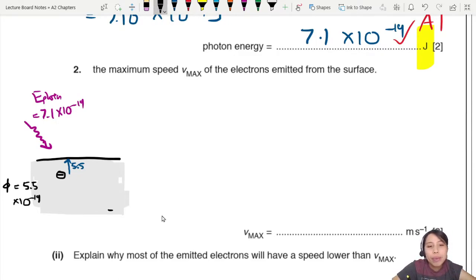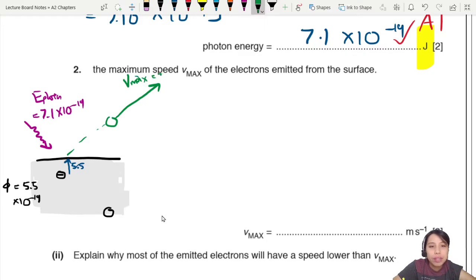Okay, so if you have deeper electrons, they will need more energy to come out, so they won't be as fast. But this guy near the surface, wow, comes out with the biggest kinetic energy because it is closer to the surface. Just 5.5, you can be out.